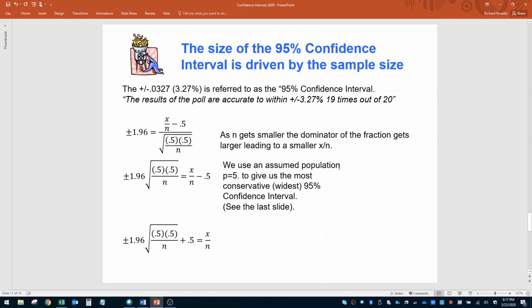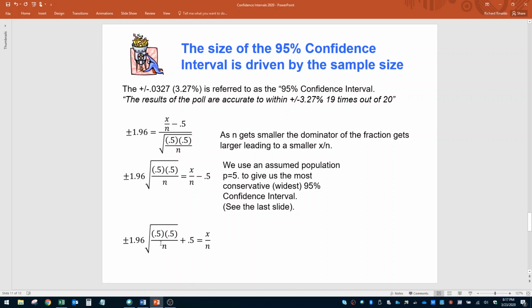The key driver in this is the denominator of the z-score, which is the standard deviation. As n gets larger, this value here gets smaller and smaller. And at the end of the day, when I solve for x over n, as this value gets smaller, it's a smaller value when I multiply it by the 1.96.